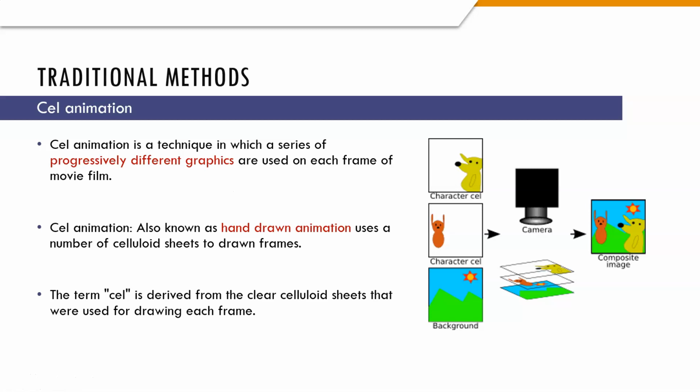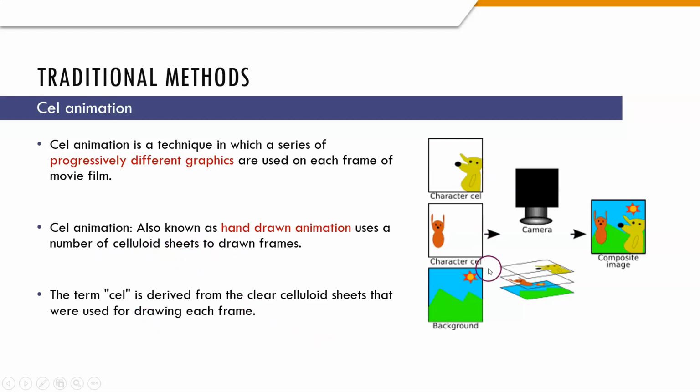This is actually the definition of animation also. Cell animation, also known as hand-drawn animation, uses a number of celluloid sheets. The celluloid sheet is the cell, we call it the cell.